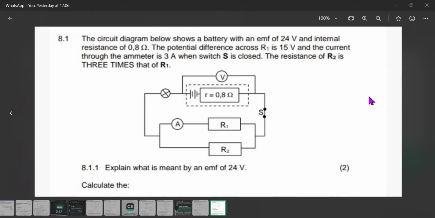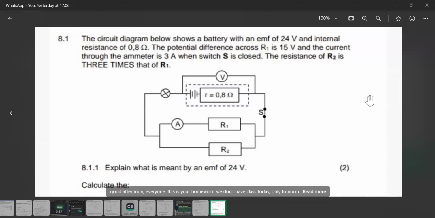And next they give us the ammeter. In other words, the ammeter reading is the current that passes through the resistor R1. Then they say, explain what is the meaning of an EMF of 24 volts.